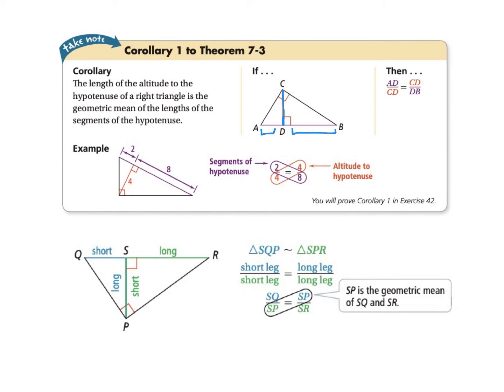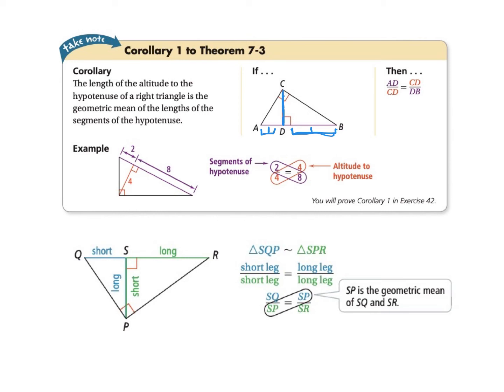Okay. So you can set it up as AD, which is this segment here, over the altitude is equal to the altitude CD over the other segment of the hypotenuse, which is DB. So they've given us a little example here.